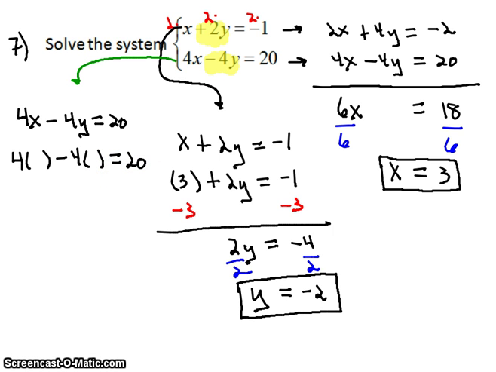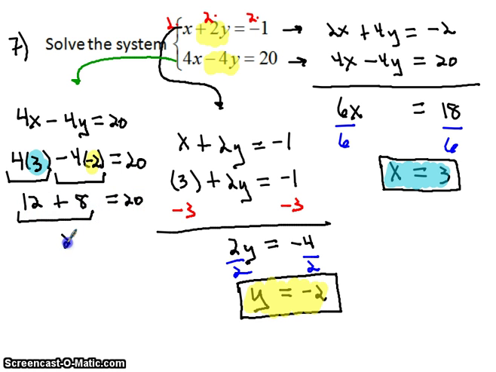I will now be careful to substitute the correct value in the correct place, and follow order of operations. Four times 3 is 12. -4 times -2 is +8. 12 and 8 make 20.